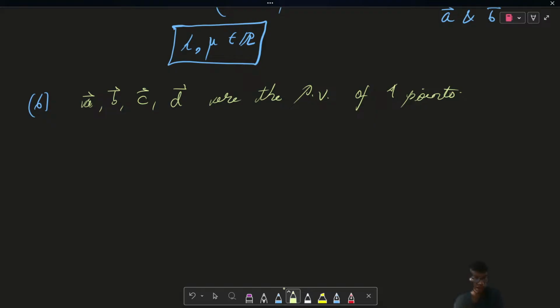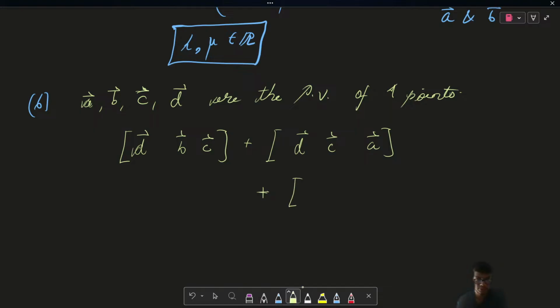So if I have these 4 vectors as the position vectors of the 4 points, and I calculate the scalar product, the box product, of b vector, c vector and d vector, the result can be added with d vector, c vector and a vector, and one more addition, that is d vector, a vector and b vector.